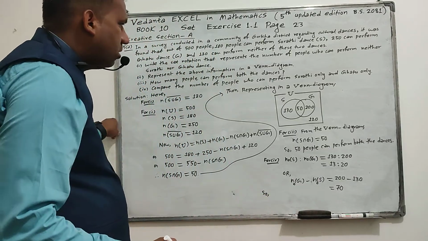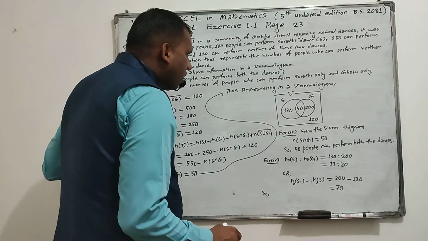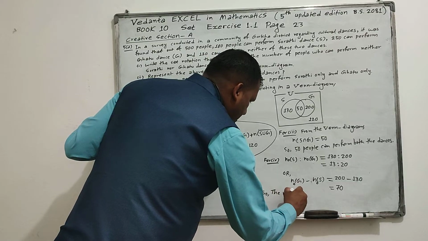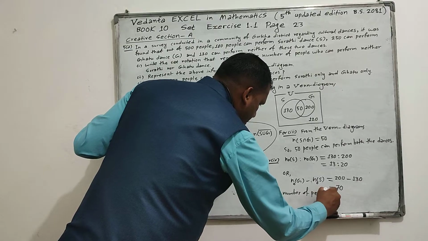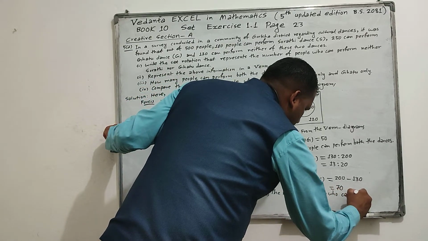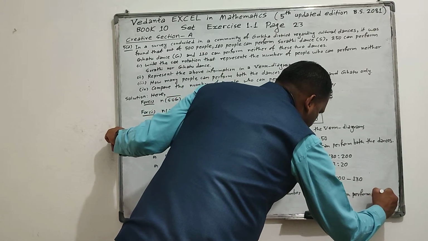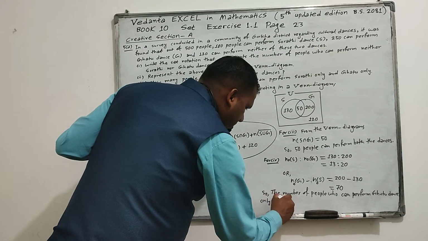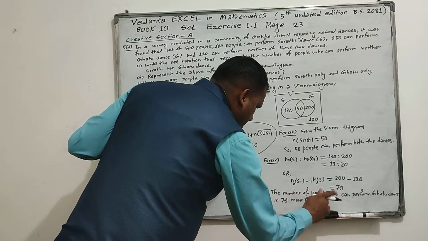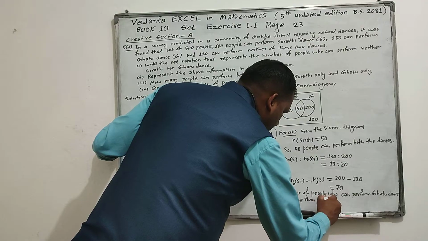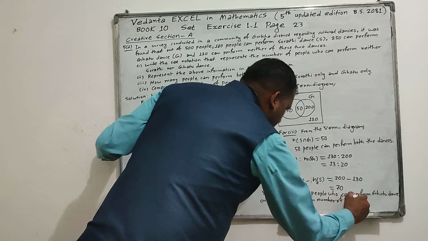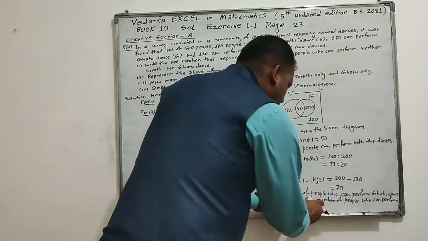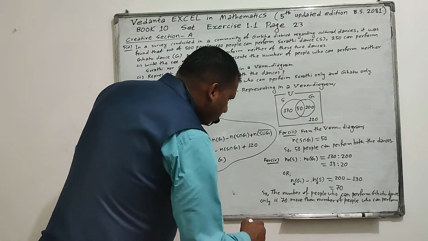So I can write the number of people who can perform Gatu dance only is 70 more than the number of people who can perform Surati dance only.